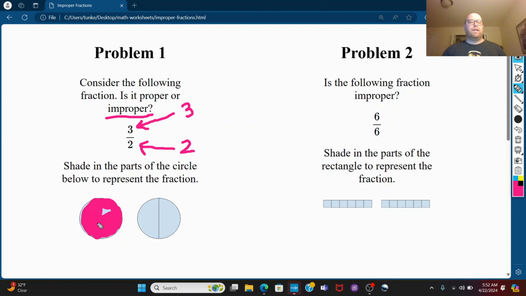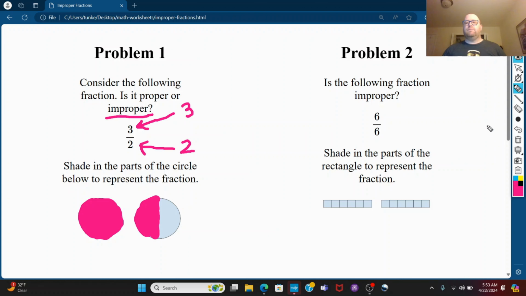And as soon as we're shading in the whole thing, we know we have an improper fraction, right? Because a proper fraction is less than a whole. So we've shaded in a whole circle here. To get 3 halves, we're actually going to have to go and shade in this half as well. So we've got more than a whole. So we're definitely into the improper fraction territory.